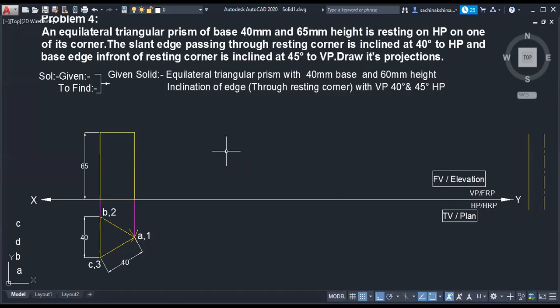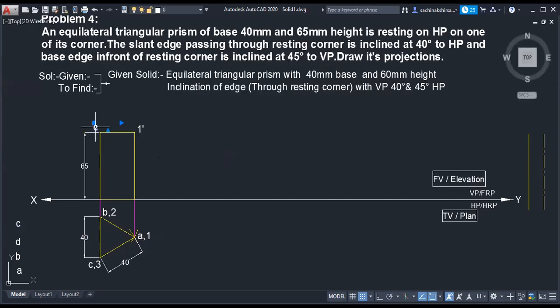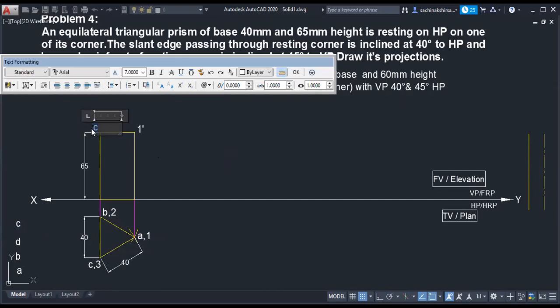Then we have to give names. Which will be the names? Here it will be 1 dash, not A1. Only one dash will be there. Here there will be 2 dash and 3 dash.